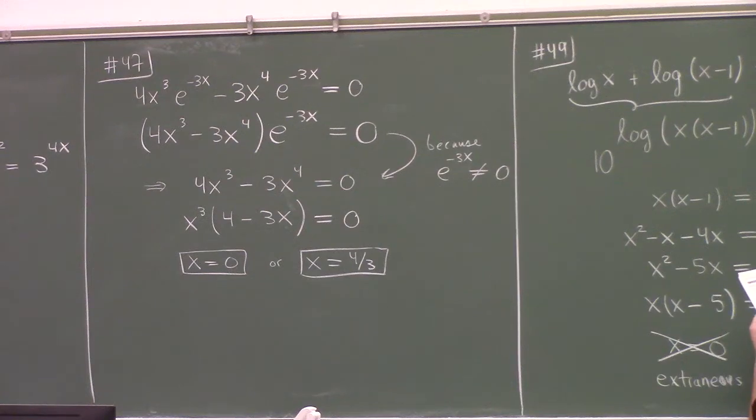Log base 2 of 3 plus log base 2 of x equals log base 2 of 5 plus log base 2 of x minus 2. So how should we proceed?